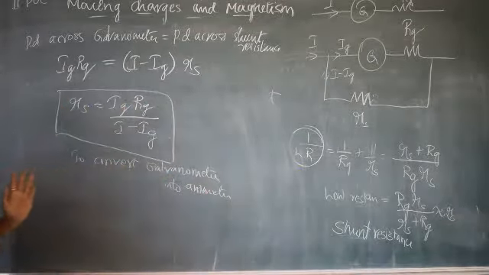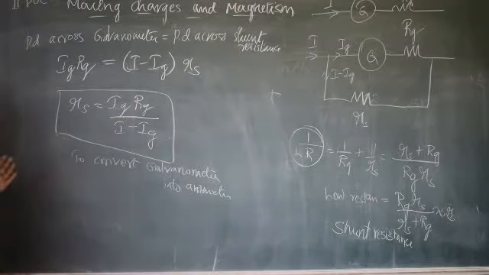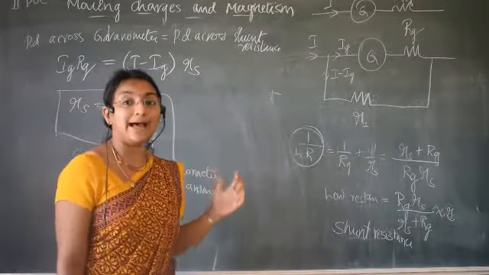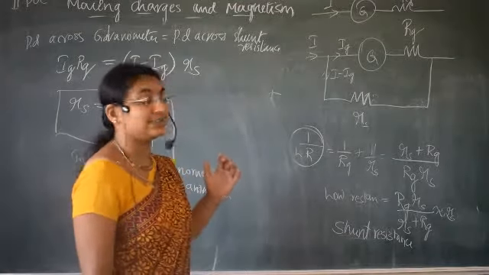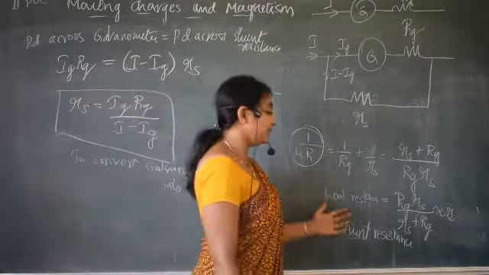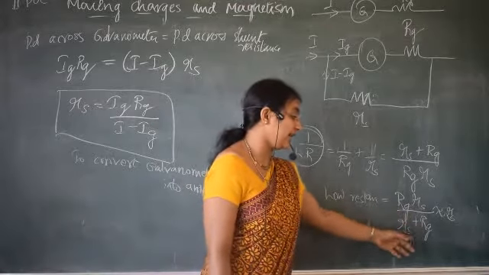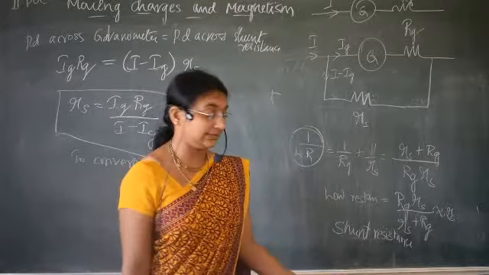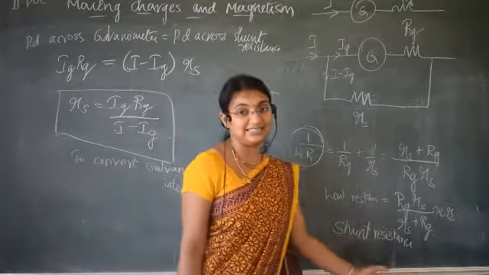So we cannot directly use it for measuring the current. So what we have to do is connect a low resistance in parallel with it. When a low resistance is connected in parallel, the combined resistance is Rg Rs by Rs plus Rg, which is approximately equal to Rs. That we call a shunt resistance.